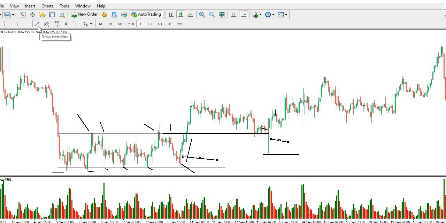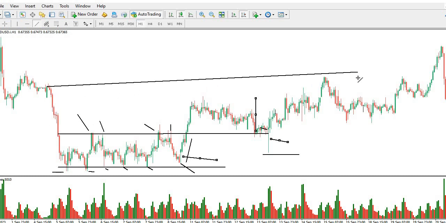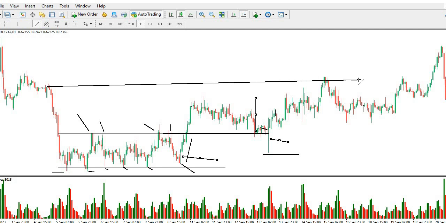How much area can we target? At least this much area, as much as it took for the channel to form. Let's say this is a 40 pips area, we can easily target 40 pips. Or we can target the recent high in the market in the bullish scenario.